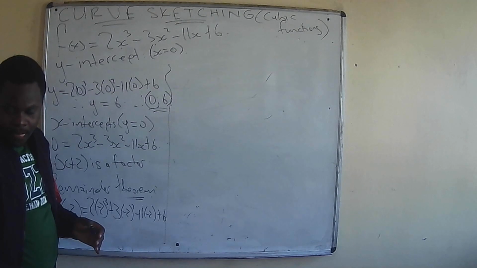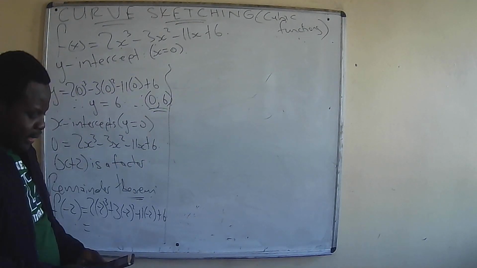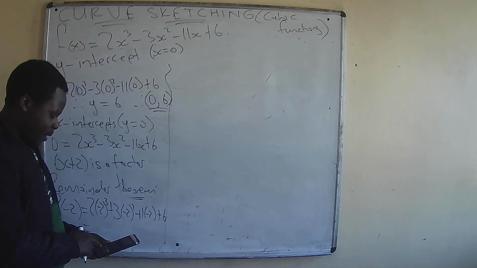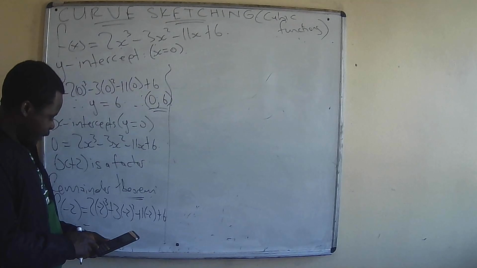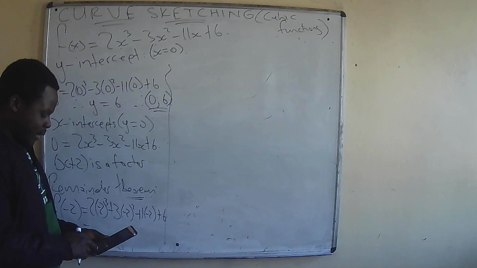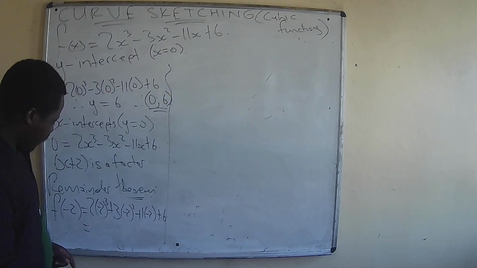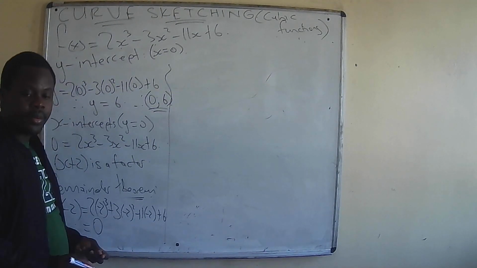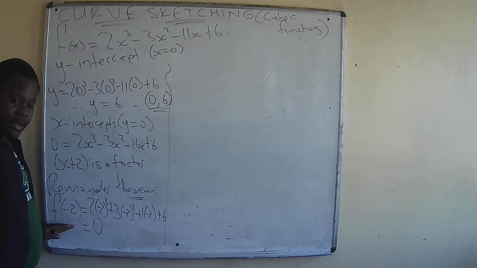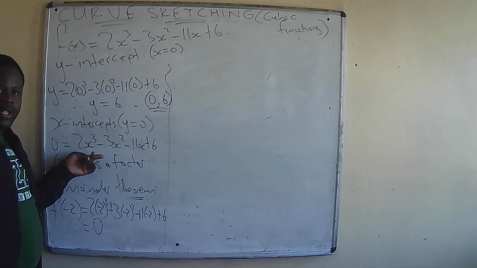If we punch the calculator, f of negative 2, we are going to see that f of negative 2 gives us a 0. So because we got a 0 here, that means this is really a factor. x plus 2 is a factor of this cubic function.